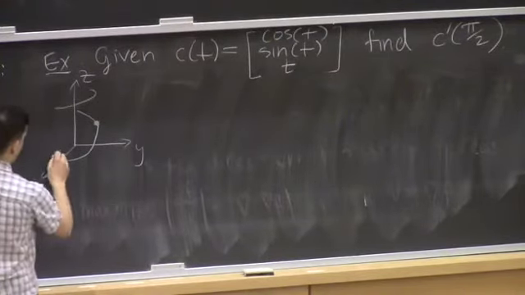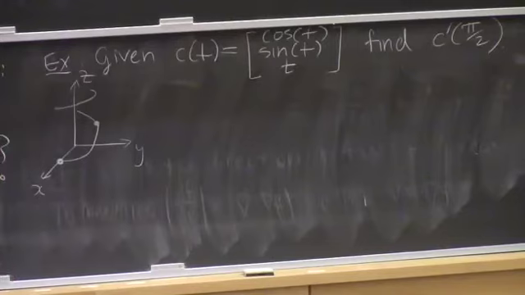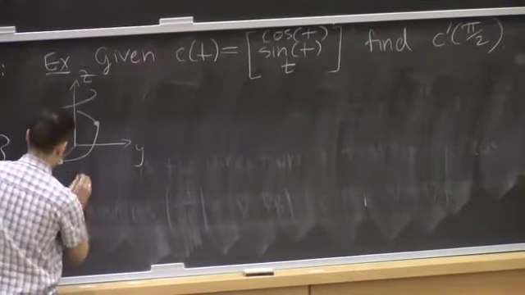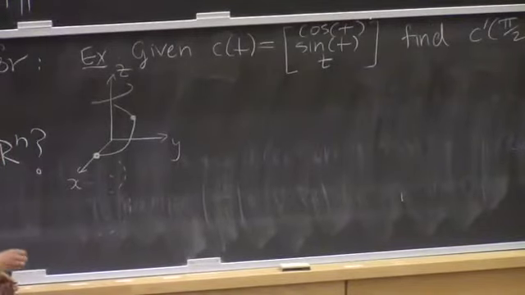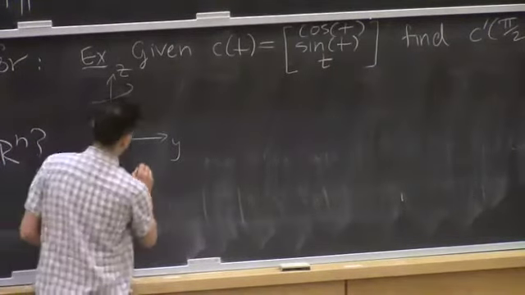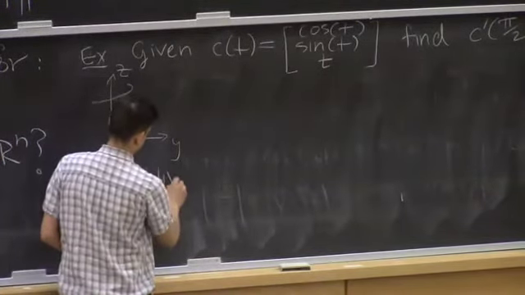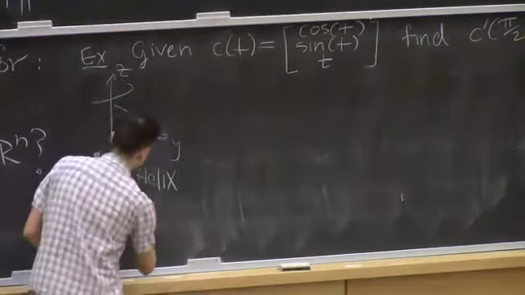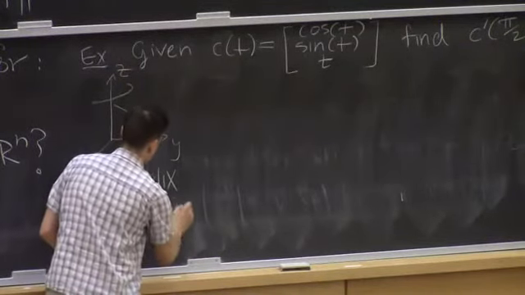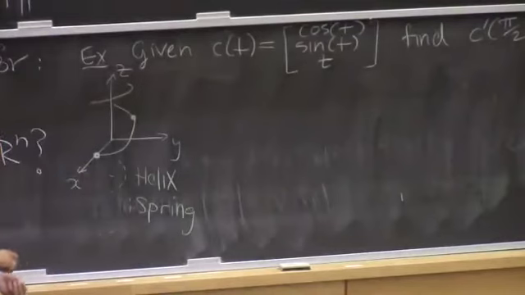What does this look like? It looks like a circle, but spread through space. So this is a helix, or it looks like a spring. There's our graph of the thing.